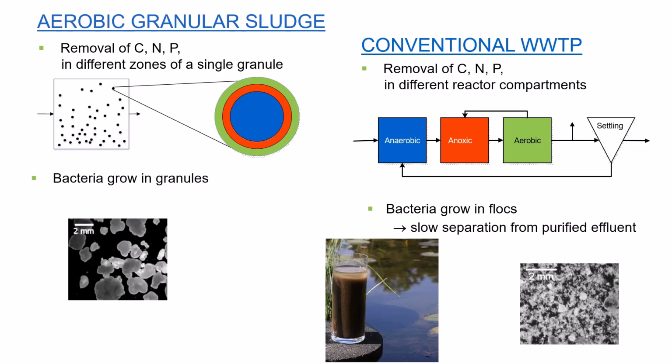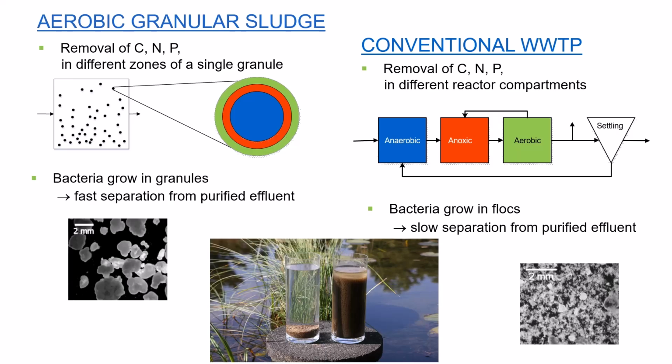The granules are closely packed in the reactor, which results in a most compact installation. The granules settle very well, and they can thus be separated very easily from the purified effluent. This is done in the reactor itself, so there is no need for settling tanks, and that makes the installation even more compact.